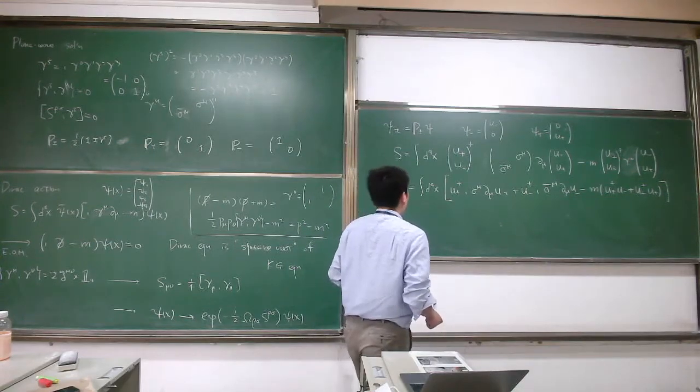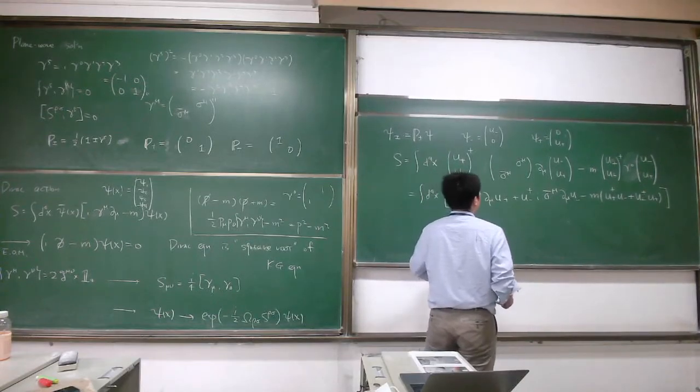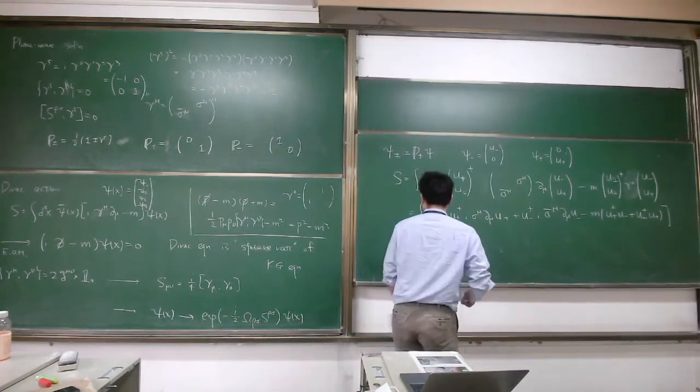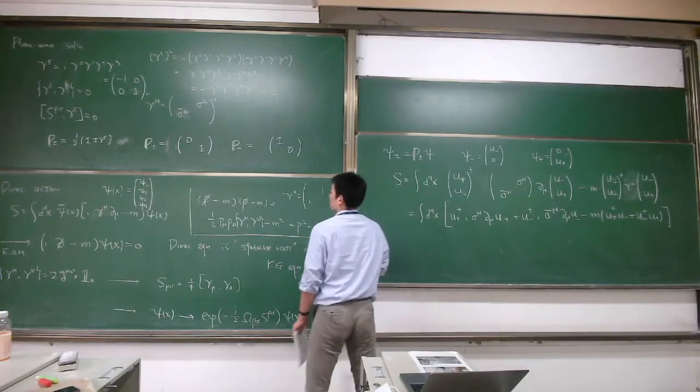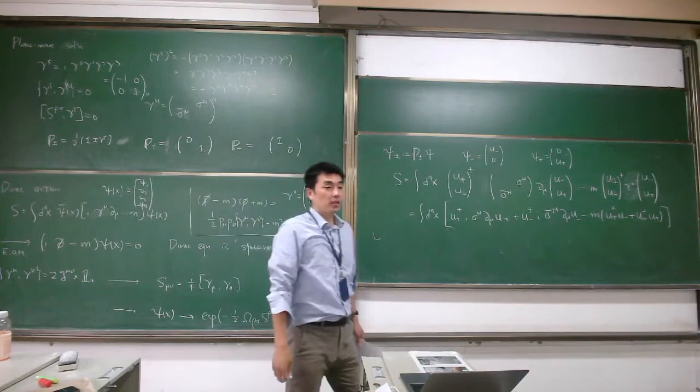Okay, and in particular, this u plus and u minus are called Weyl spinors. So psi of x, this four-component spinor field, is called the Dirac spinor.